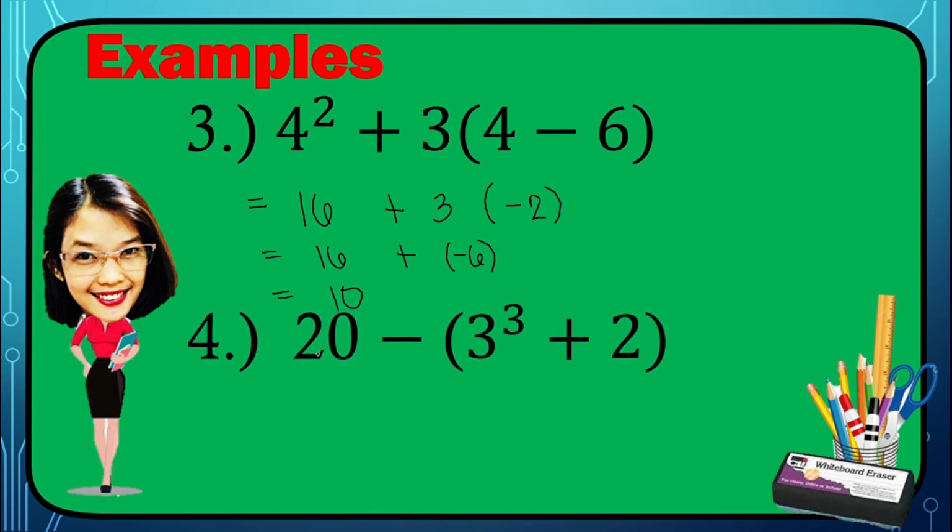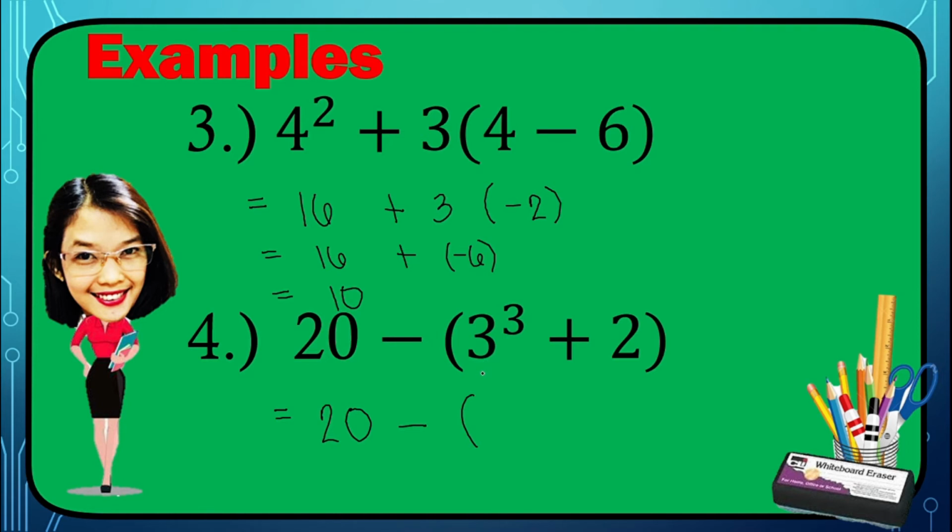Another, 20 minus the cube of 3 plus 2. So you need to consider first what is inside the parentheses. However, since we have here the exponent, we will perform this first. 20 minus, this means 3 cubed, which means 3 times 3 times 3.